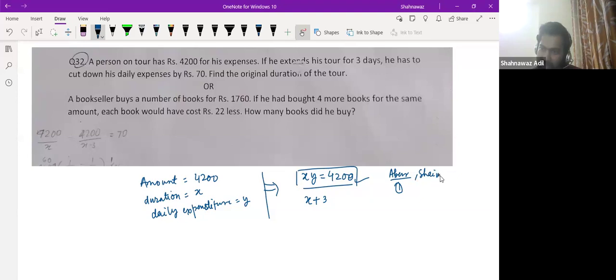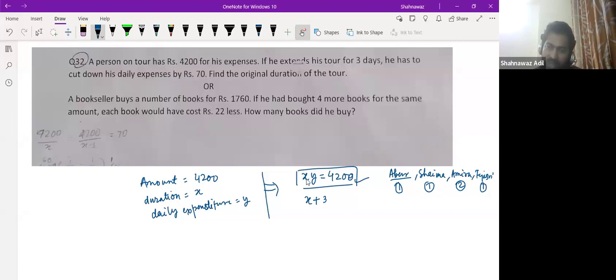Shaima is saying one, Amira is going with two, and Tejasvi, what is your vote? I guess 1, sir. So the majority is saying one.